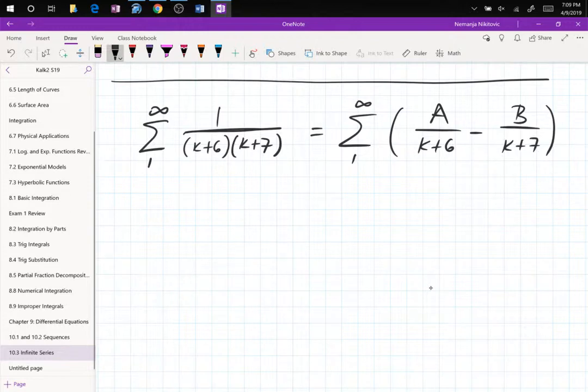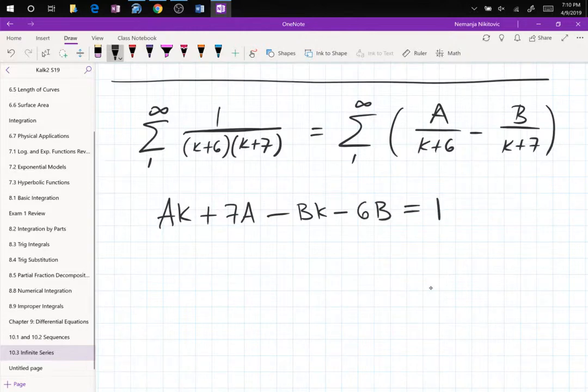Anyway, partial fraction decomposition. So we have ak, like you start with the ak, plus this. Plus 7a. Minus bk. Minus 6b.